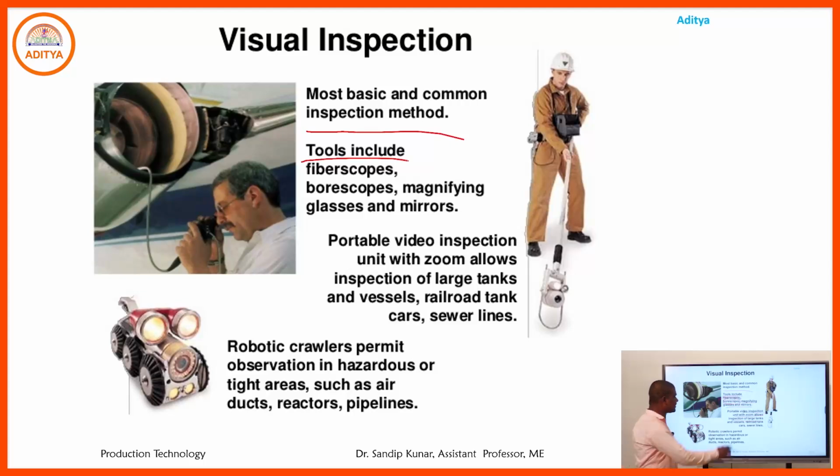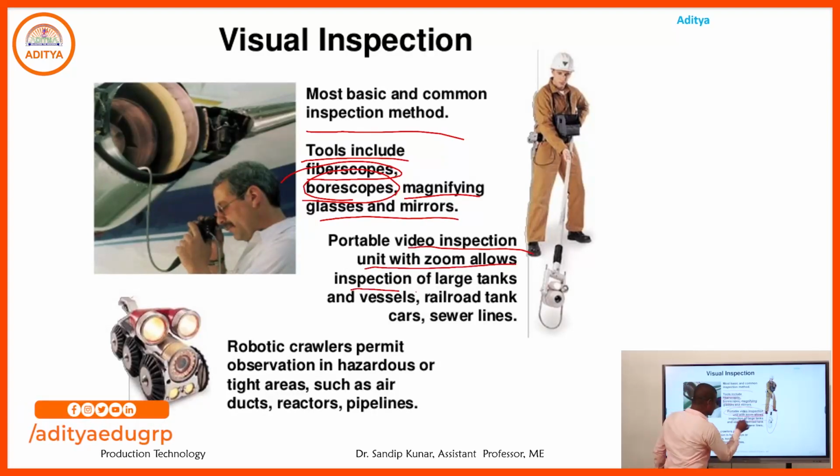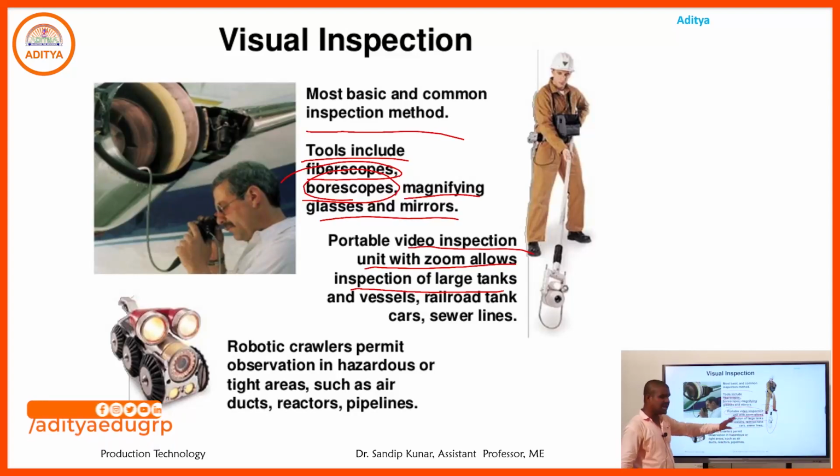Portable video inspection units with zoom are sometimes used to inspect welding joints in large tanks, vessels, railroad tank cars and also sewer lines.